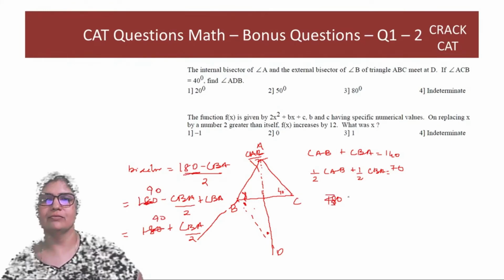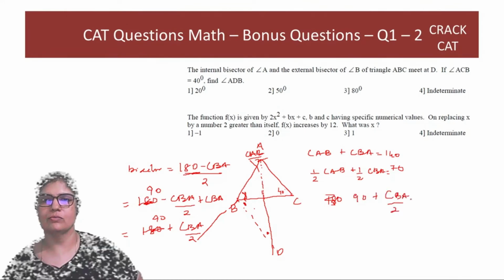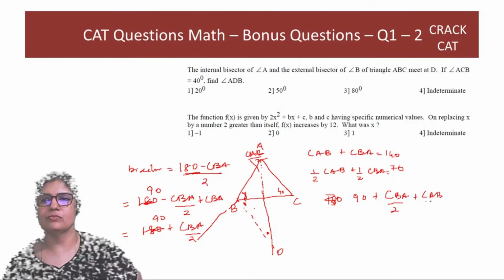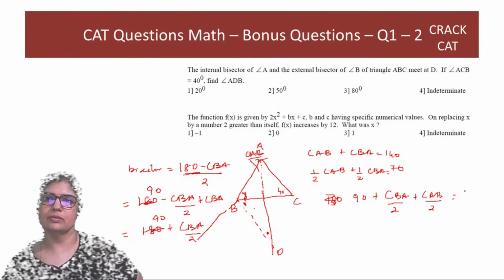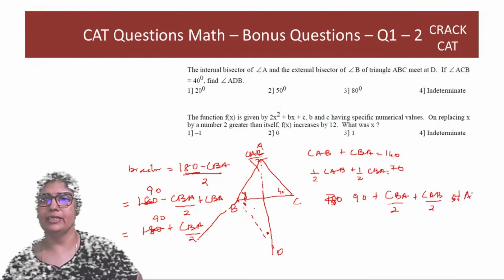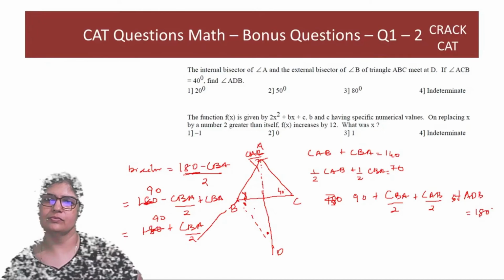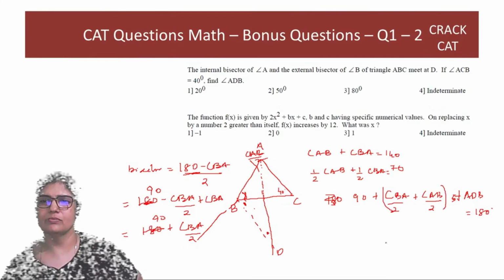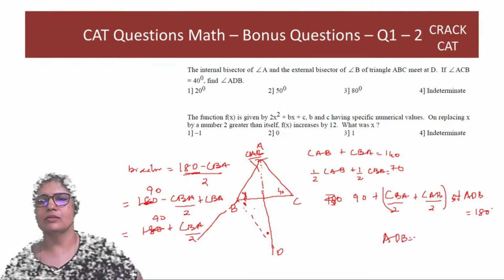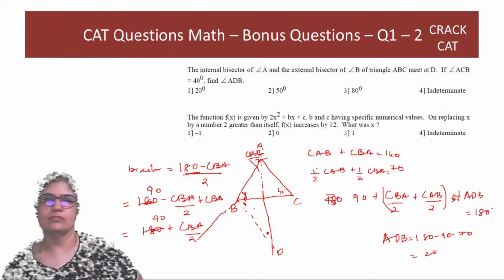So you have 90 plus CBA by 2 plus CAB by 2, no, sorry. So plus the angle that we want, ADB. This is equal to 180 degrees. Now this value we already know, it is 70, and hence ADB is going to be 180 minus 90 minus 70, which is 20. First option.